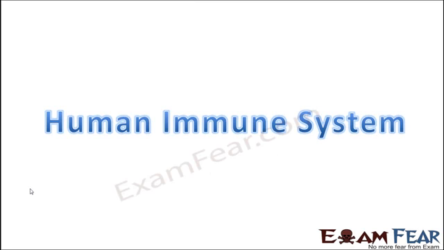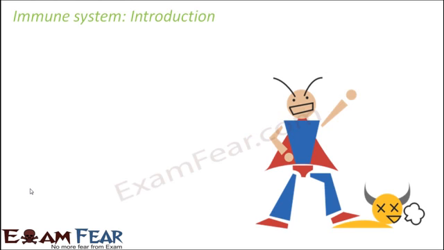So now that we have been talking about the immune system, let us discuss the human immune system. What are the different parts of our body which form the immune system? We spoke about immunity, the basic concept of immunity, the different types of immunity, and how immunity helps to fight infection.